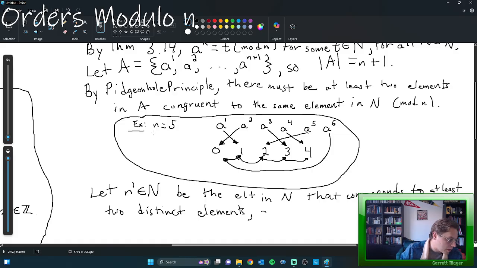We'll call them a^i and a^j, where i does not equal j, in A. So that means that a to the power of i is congruent to n prime, and a to the power of j is congruent to n prime.